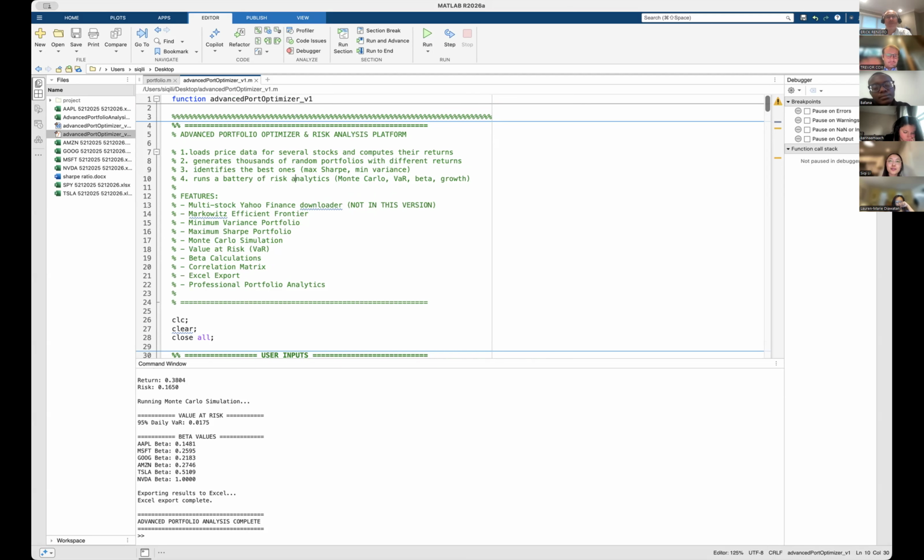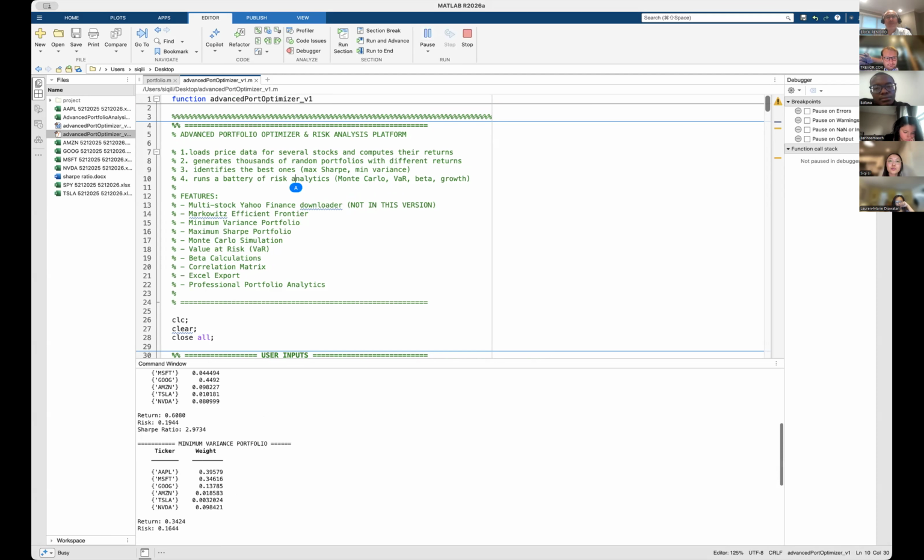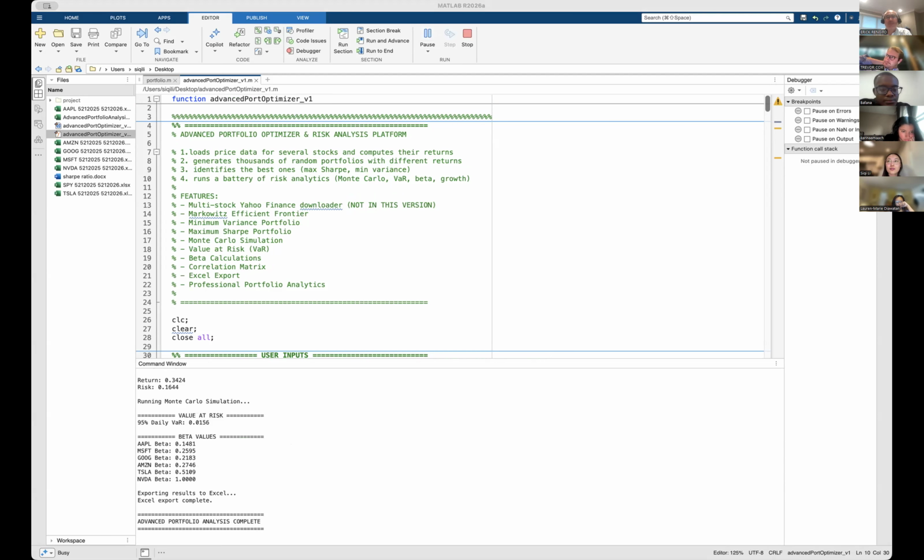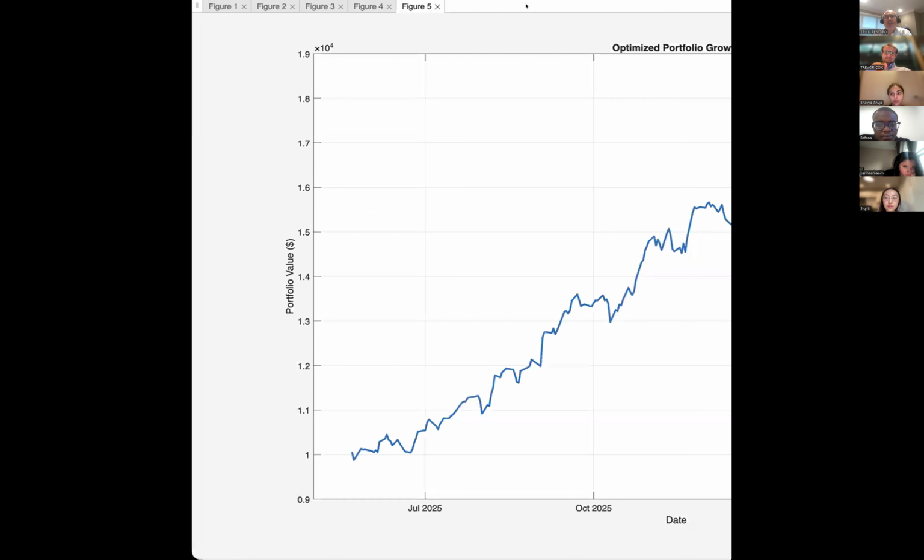Okay, so let me run this entire code. Sorry, wait a minute, I can't see the entire picture. Can you see it? No, I think you need to share it again. It might be in a different window, so you would have to share your entire screen instead of just the window. Okay.